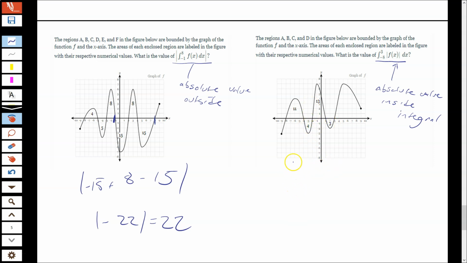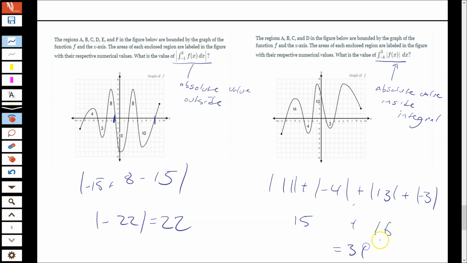So if I'm doing an absolute value of f, my integral would be the absolute value of 11 plus the absolute value of negative 4 plus the absolute value of 13 plus the absolute value of negative 3. Right? So essentially these areas can't be negative. So they're all positive. So 15 plus 16 is 31 would be my result.